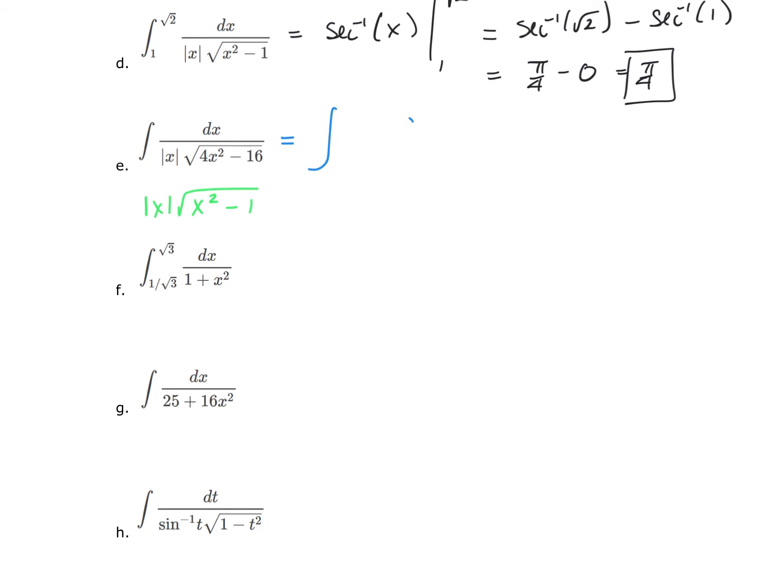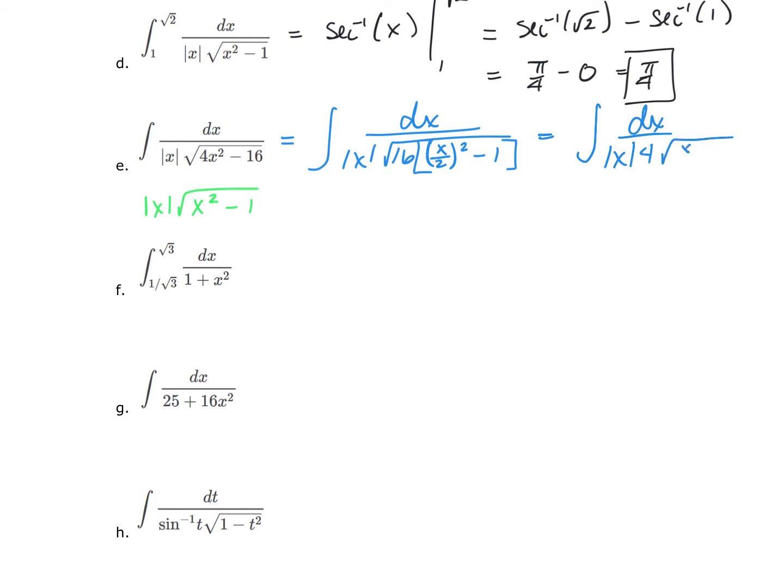So I'm writing this as dx over the absolute value of x times the square root of 16 times the quantity x over 2 squared, minus 1. The square root of 16 becomes 4, so I have the integral of dx over the absolute value of x, times 4, times the square root of x over 2 squared, minus 1.